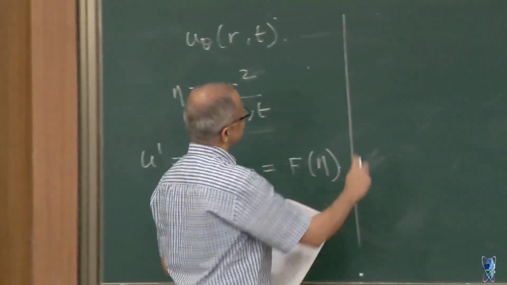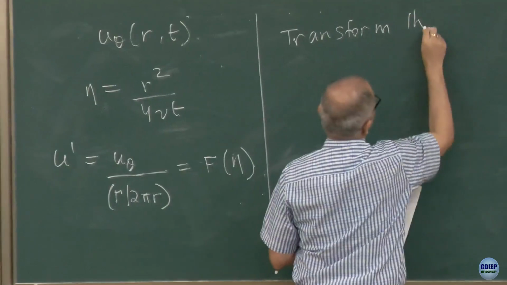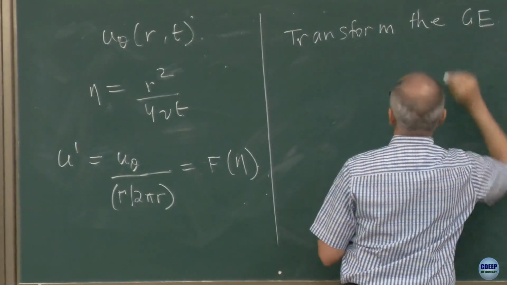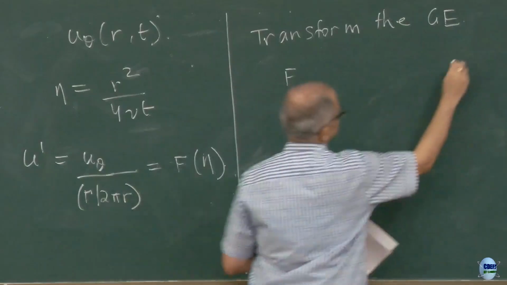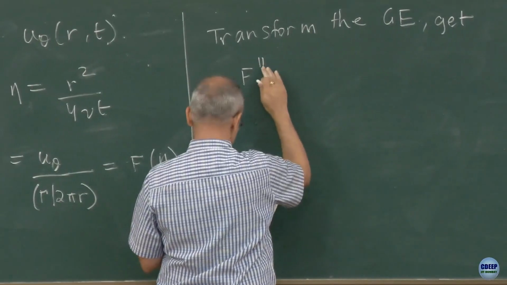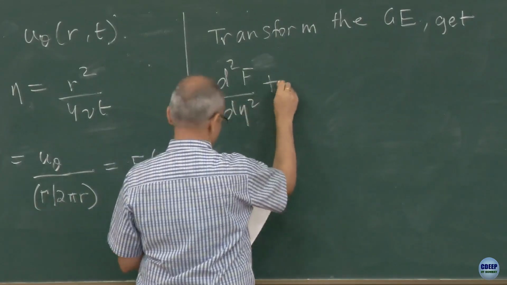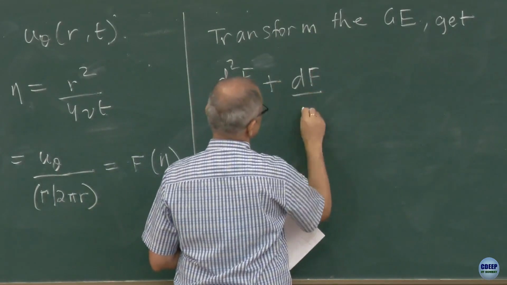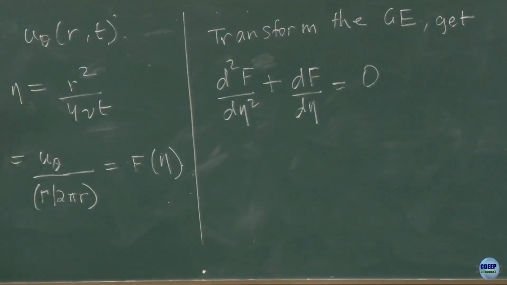Transform the governing equation, GE, governing equation, and I get f double prime, or d2f d eta 2, plus simply df d eta is equal to 0. Okay, so this is what you would get. The governing equation will transform to this.